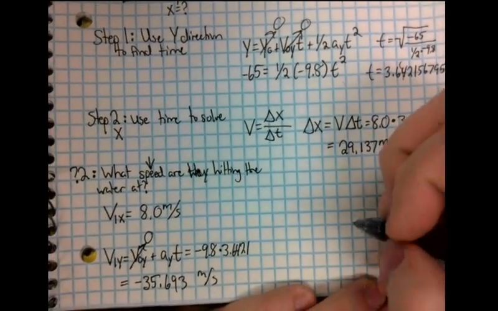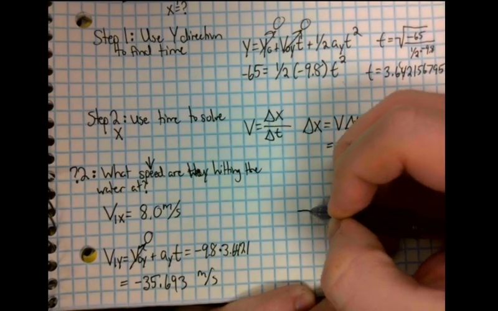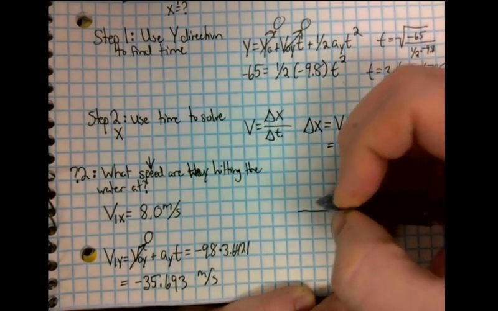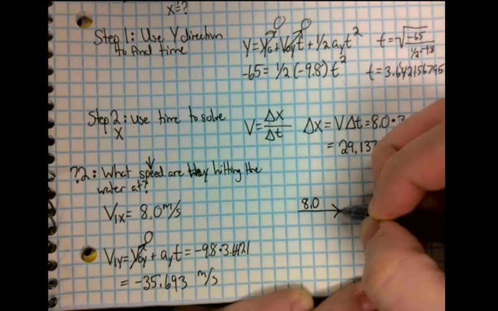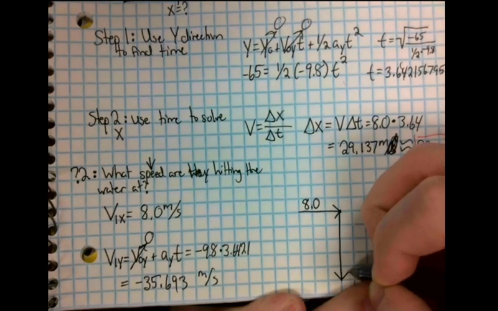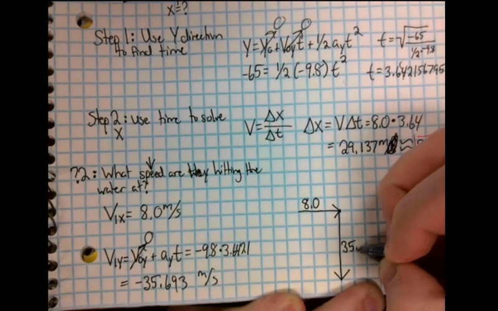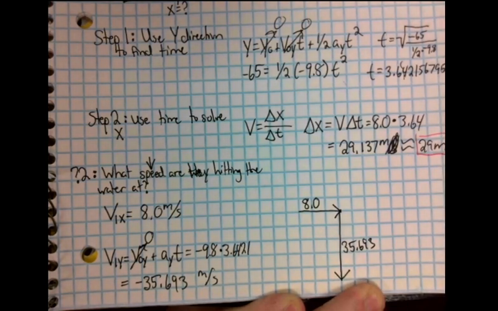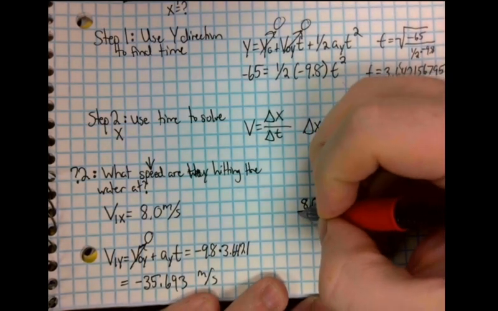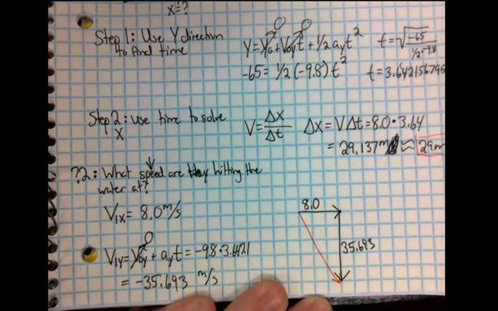And then now we're going to say, okay, our horizontal vector is 8.0, and our vertical vector is 35.693. That means our total vector must be this right here.